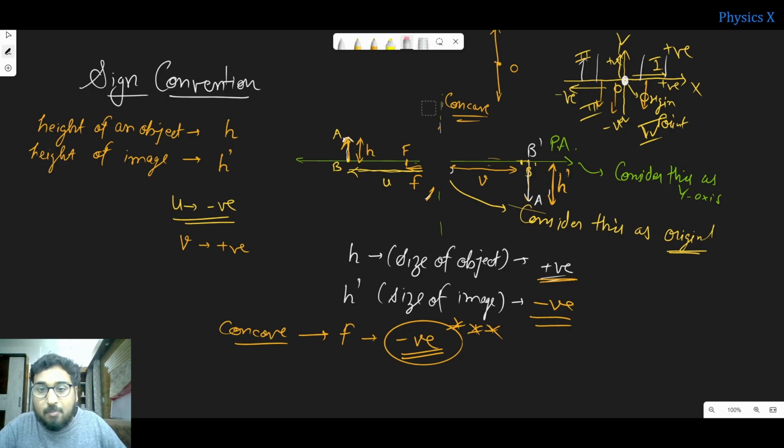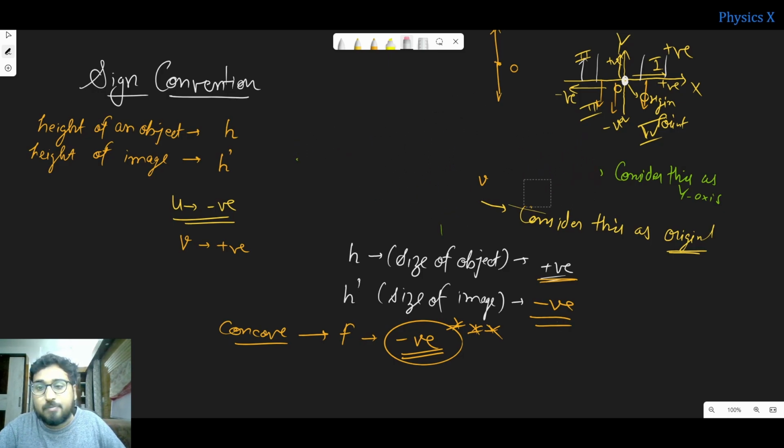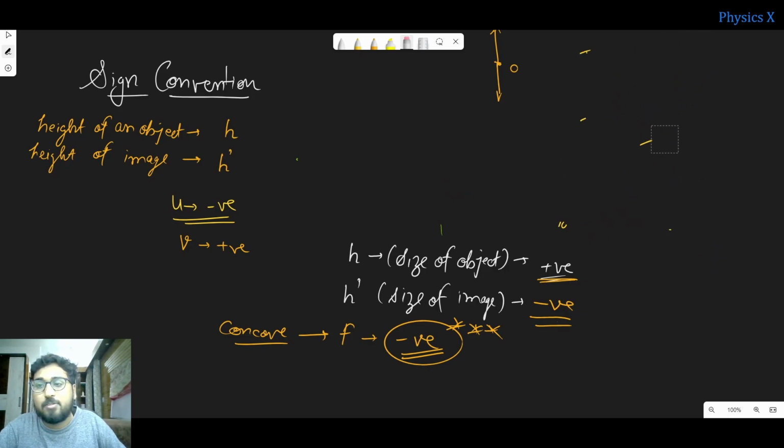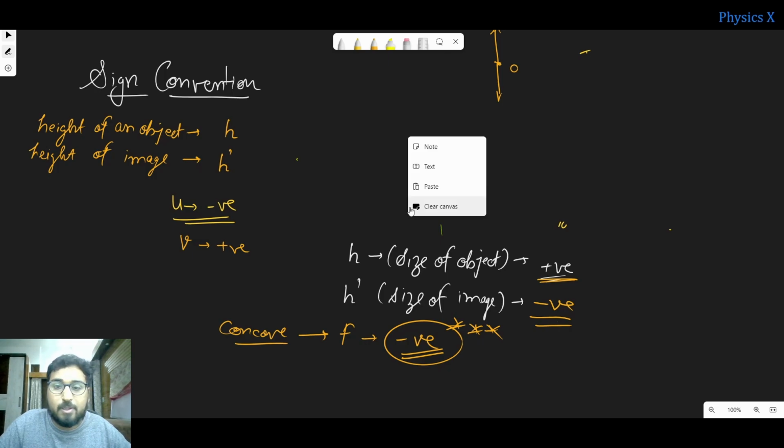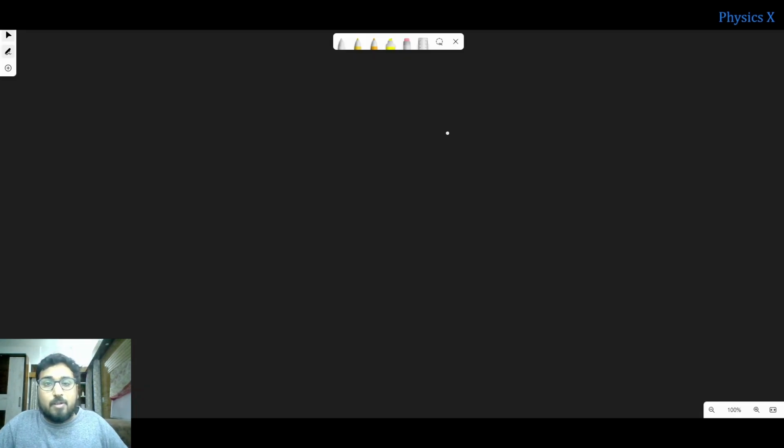Now let me take the example of a convex mirror. Let us clear this better. I told you that this was the first case, your concave example.